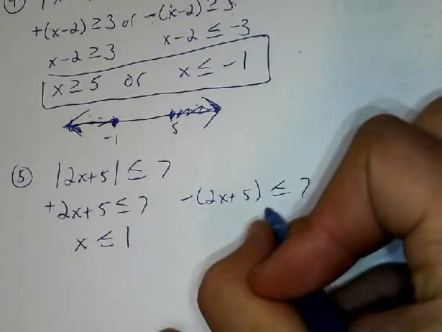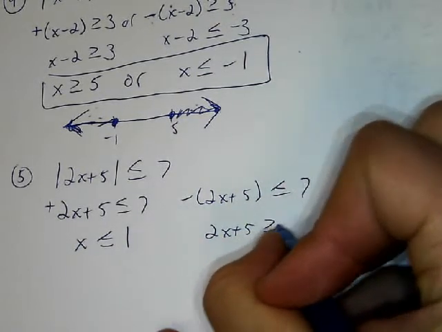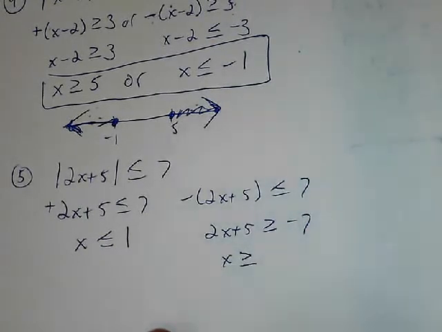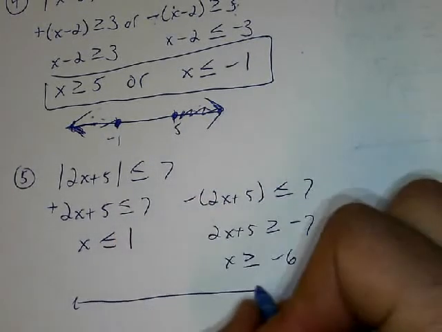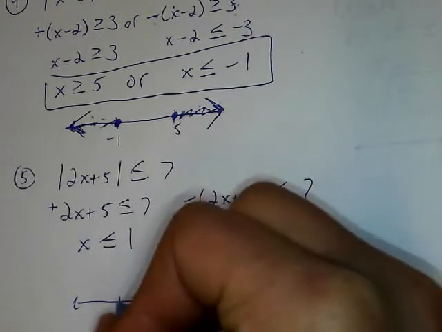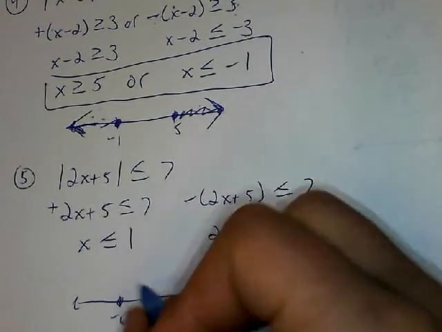The second part, if you divide by a negative, we get 2x plus 5 is greater than or equal to negative 7. So therefore x is greater than or equal to negative 6. If you see the graph of this, you'll see negative 6 and you'll see 1. Closed dot, closed dot. x is less than or equal to 1 but greater than or equal to negative 6.